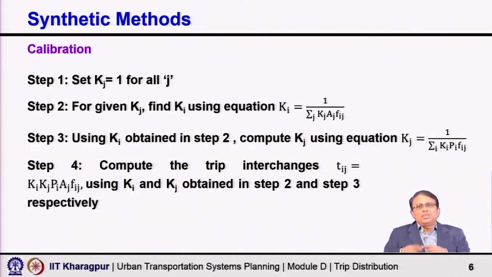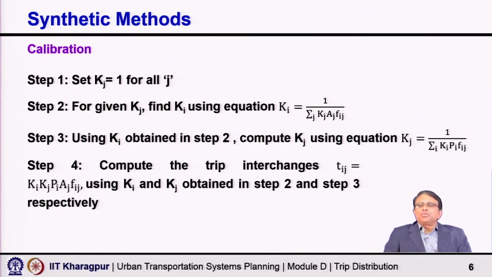So, I will keep on repeating steps 2 and 3. How long? Till I find that the Ki and Kj values are not changing so much. You can always keep a limit on the change in the values. Whatever Kj values you got in the previous iteration, in the new iteration they are not so different from the previous iteration.